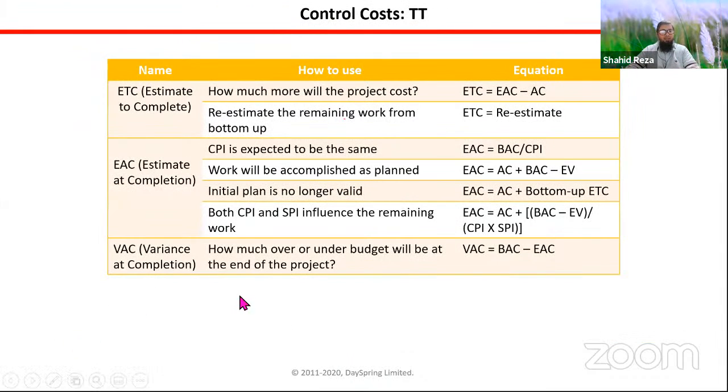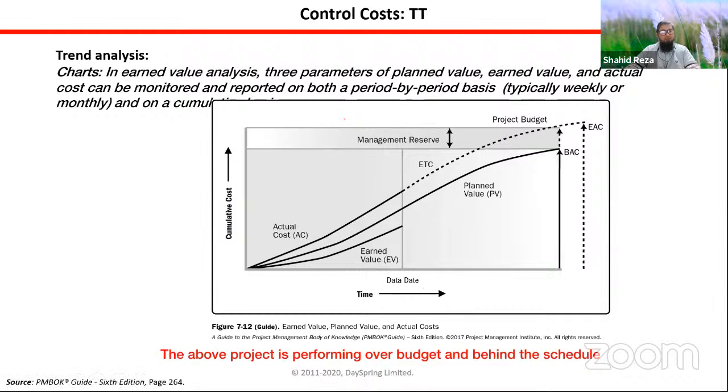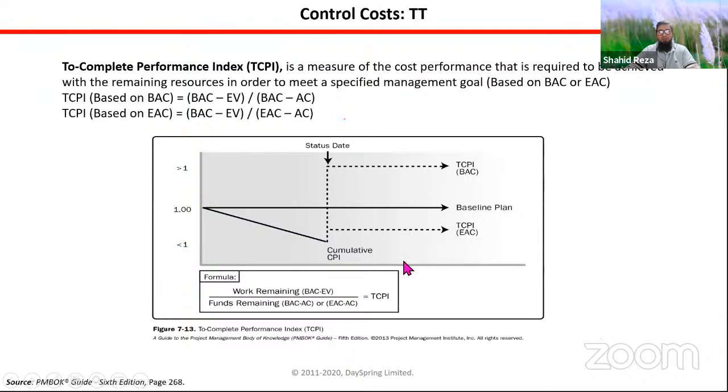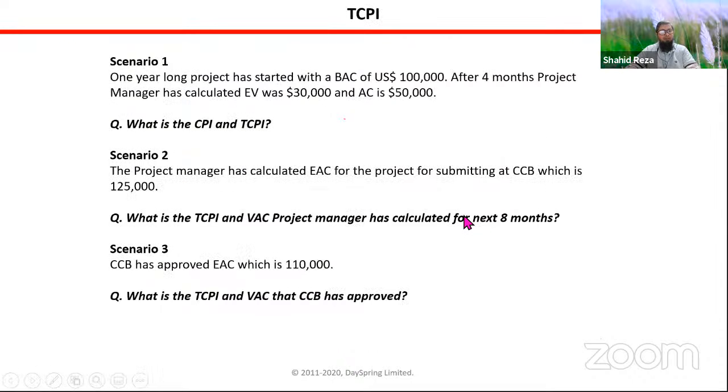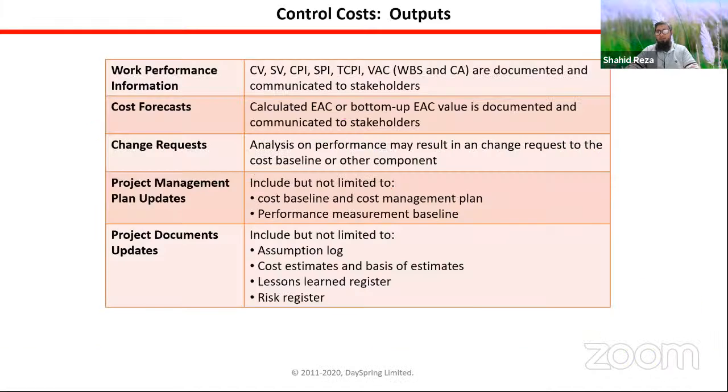Earned value will take some 30-40 minutes. If you understand earned value, then you can interpret this figure. This figure is also earned value management, and all of these are earned value related.